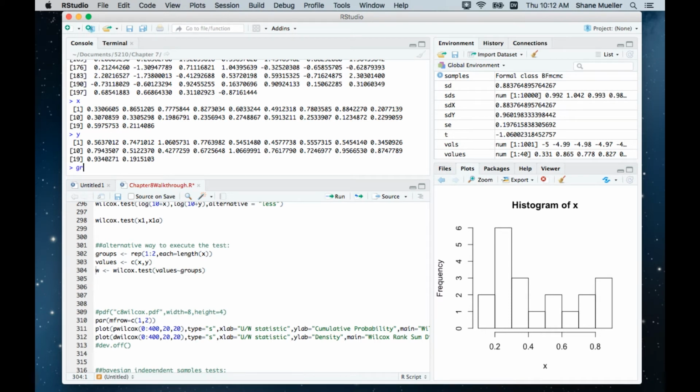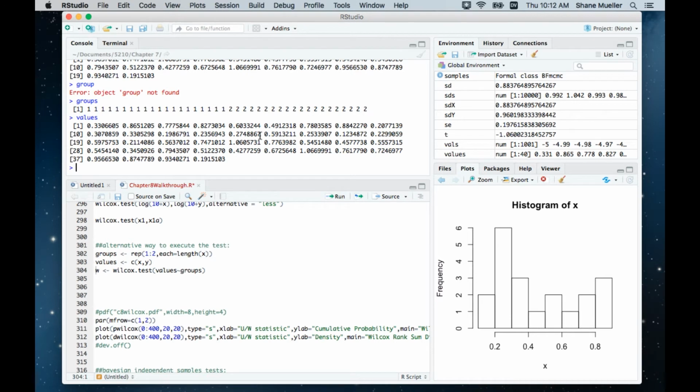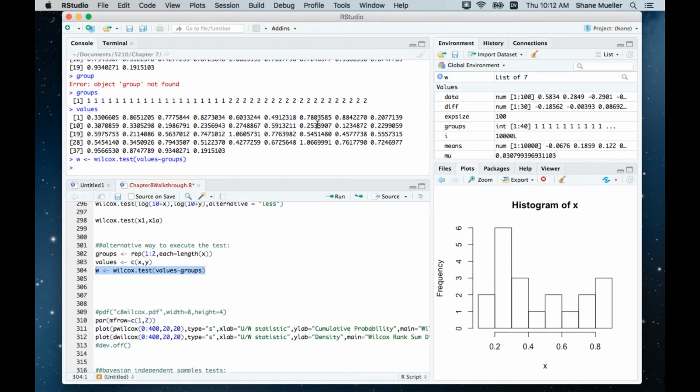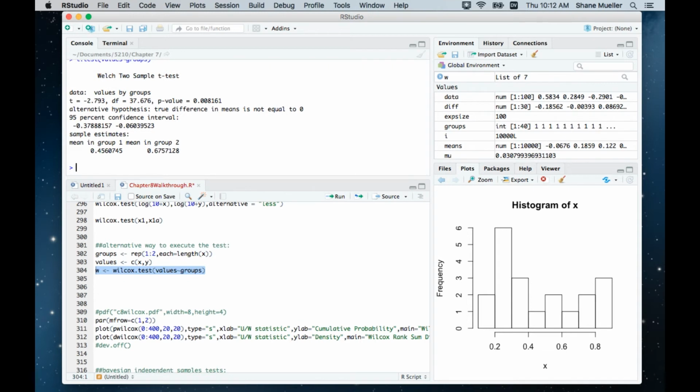So I have maybe a data frame that has ones and twos as groups, and values, which is just the values. This could be in a data frame, but it doesn't have to be. I could do a Wilcox test and actually a t-test the same way. So I could say values tilde groups, and I'll get the same number. And I actually could do a t-test of values tilde groups and also get the same number.